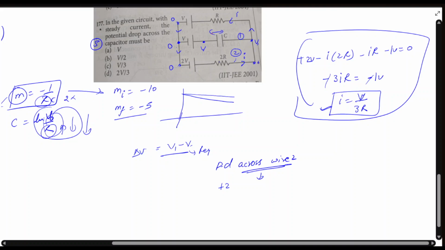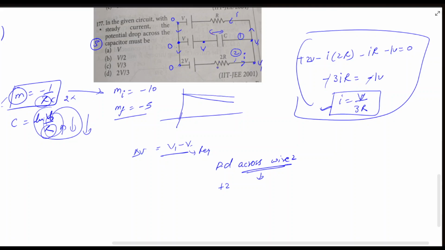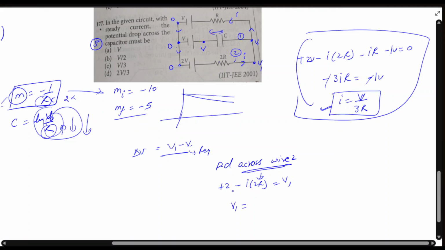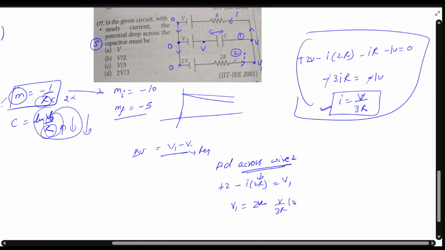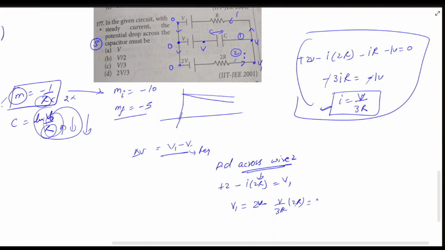This is at V1, so this must be at V1. So plus 2 minus I into 2R, and this will be equal to V1. So we'll get V1 as 2V minus V by 3R into 2. R will get cancelled, so we'll get 2V, this is 6 minus 2, so it will be 4V by 3.